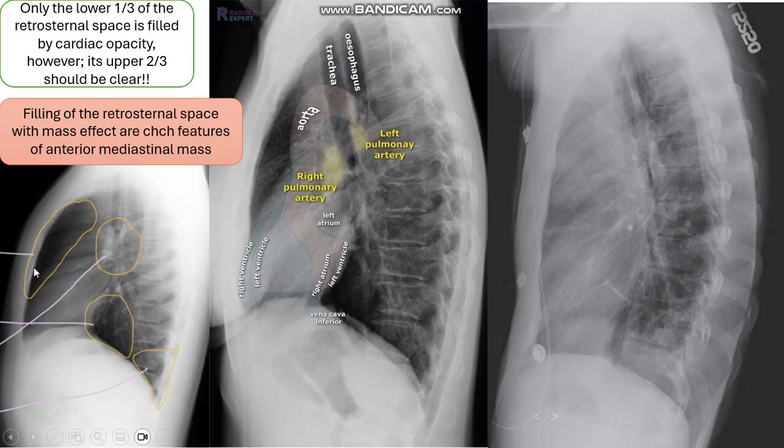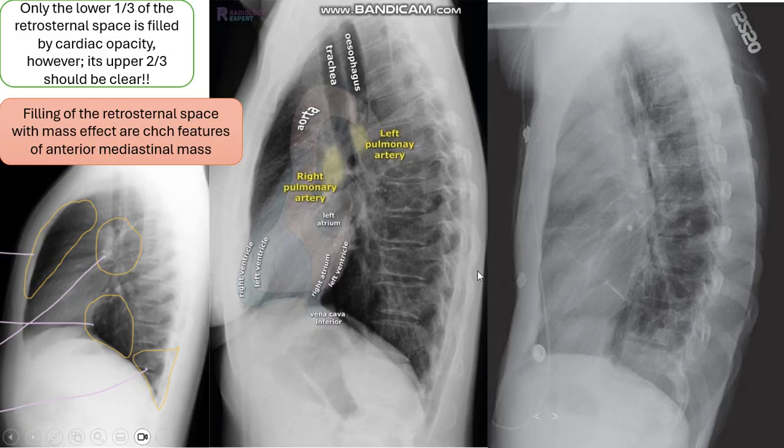So the upper two-thirds of the retrosternal space should be seen clear, and the lower one-third should be seen filled with cardiac shadow.